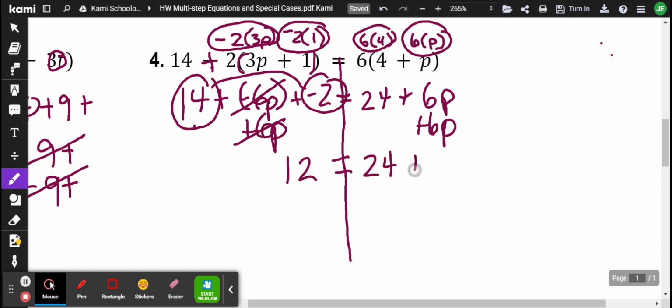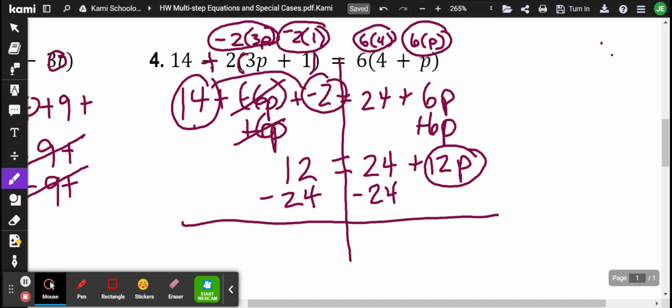And now we have 24 plus 12p altogether. And to subtract 24, now that we have just one variable by itself, we're going to do that to both sides, that's going to give us a negative 12. This is going to cancel. 24 minus 24 is gone, so now we have 12p left equal to negative 12.